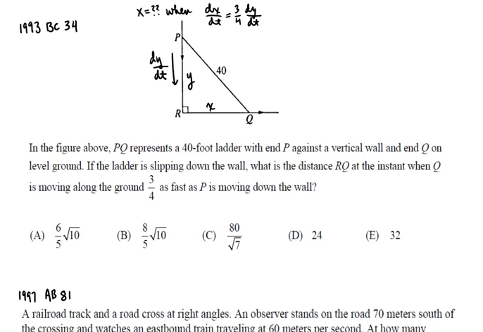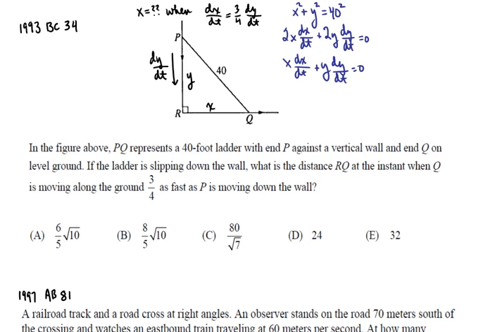squared equals 40 squared. We're going to differentiate both sides with respect to t. We get 2x dx/dt plus 2y dy/dt is equal to 0. We'll divide both sides by 2, and we're left with x dx/dt plus y dy/dt is equal to 0.